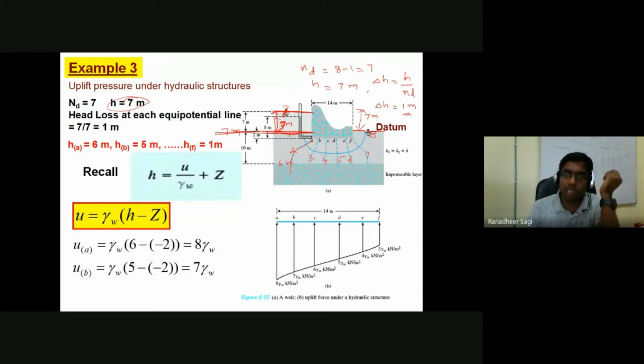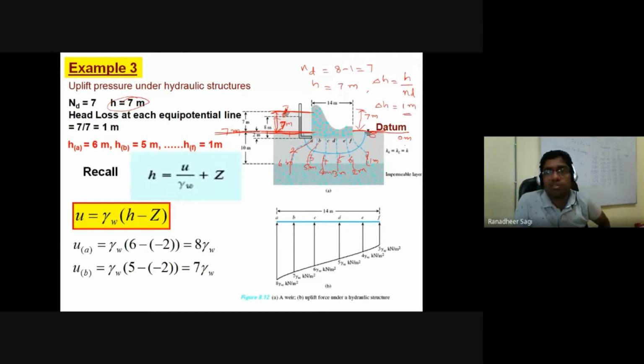For this equipotential line, it is 6 minus 1, which is 5 meters. For this equipotential line, the total head value is 4. For this one, 3 meters. For this one, 2 meters. For this one, the total head value is 1 meter. And for this equipotential line lying on the downstream chosen reference datum, my total head value is equal to 0.